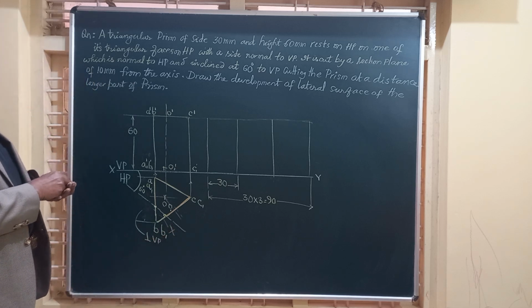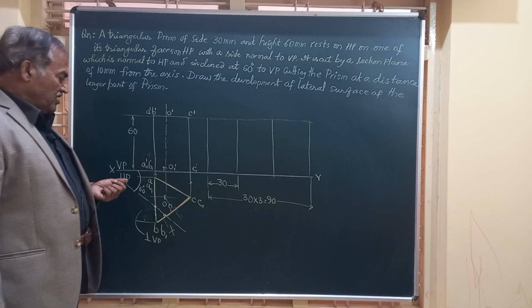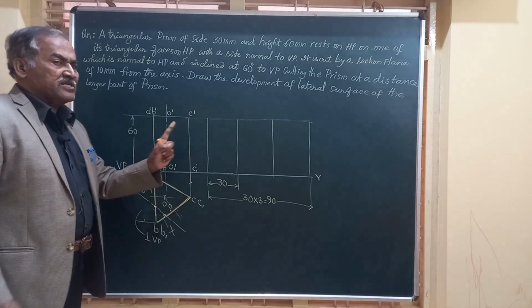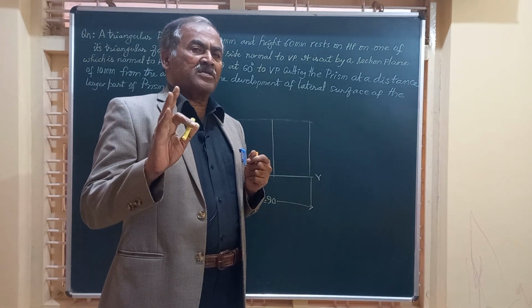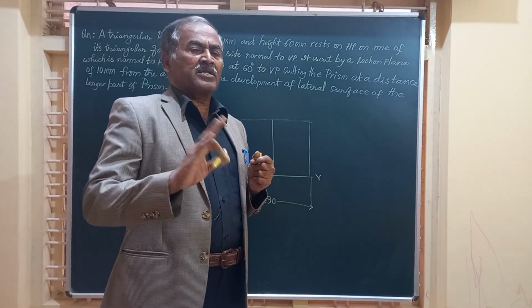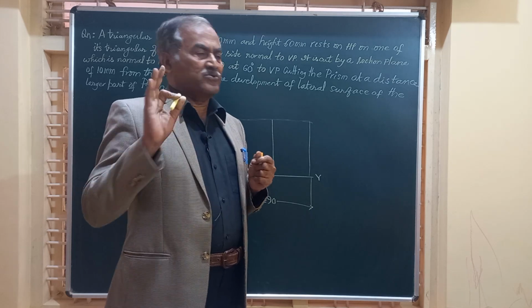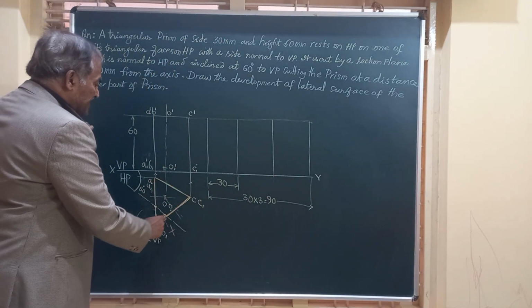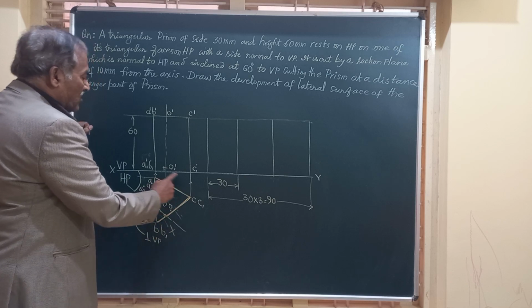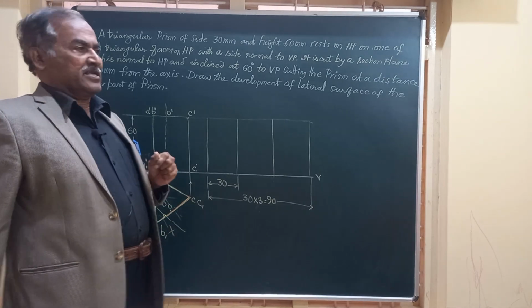And you can see here, developments are always drawn to true size. This concept is very essential because we never make any development for the reduced length. So whatever these edges I have shown here, they are all having true length only.